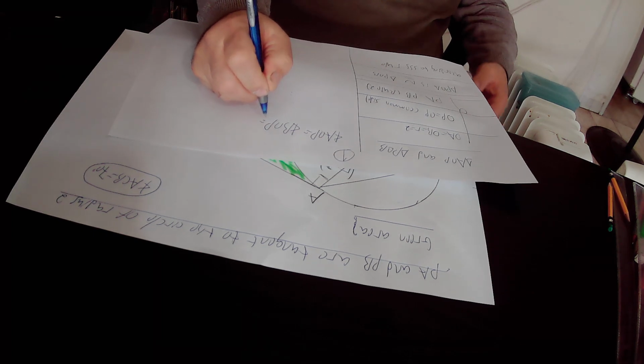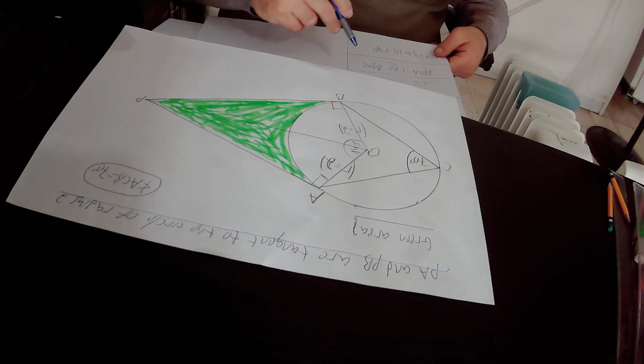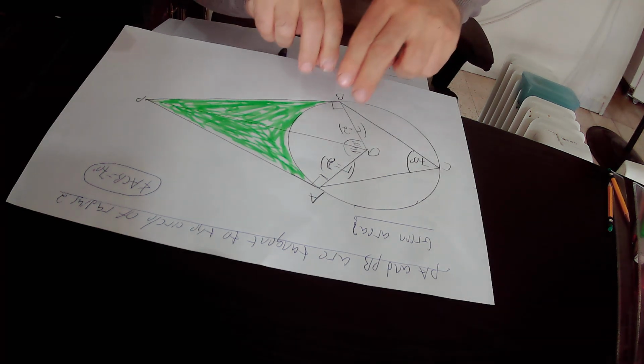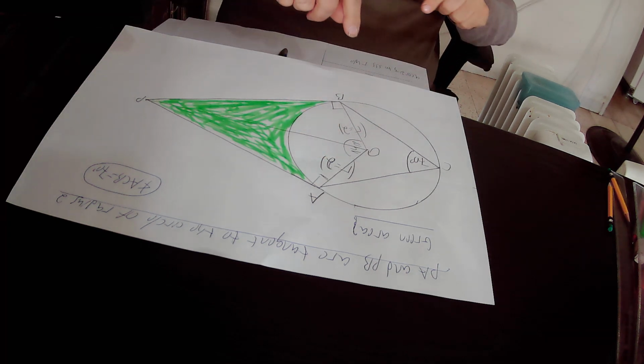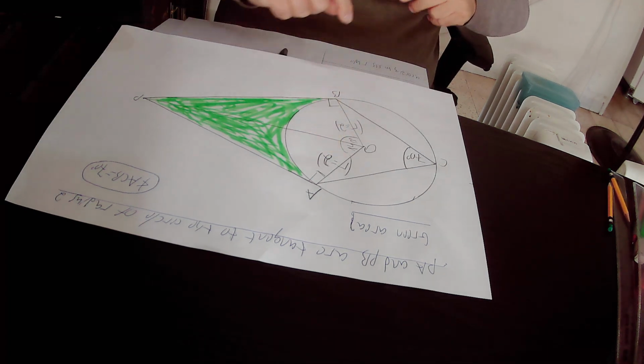They are equal according to the rule that corresponding angles in congruent triangles are equal to each other. Those two triangles are congruent, therefore those two corresponding angles must also be equal to each other.